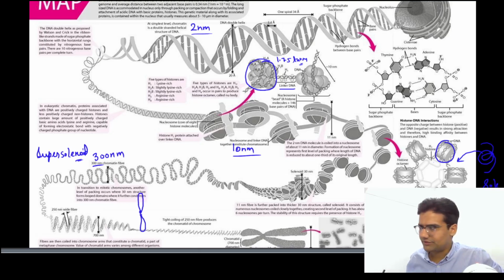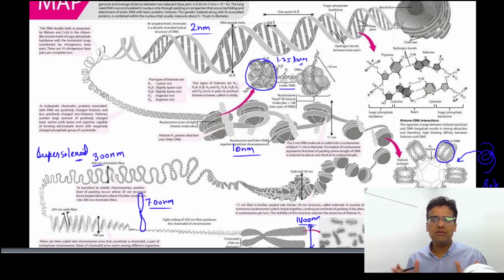This chromatid structure is a 700 nanometer fiber. When the chromosome replicates, one arm is 700 nanometer, so the complete double structure of this chromosome is 1400 nanometer. This is the highest level of packaging present for DNA. That means these chromosomes, or rod-like structures, are highly folded, intensely folded structures of a DNA molecule.